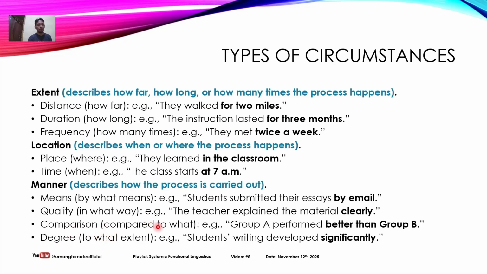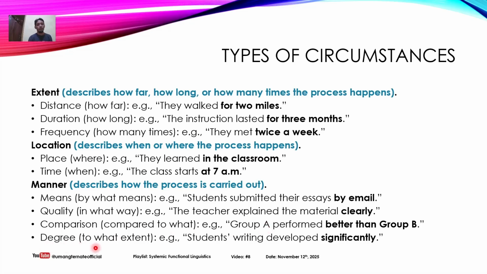Like Group A performed better than Group B. So here, better than Group B is a circumstance of comparison, in which the performance of Group B is compared to the performance of Group A.